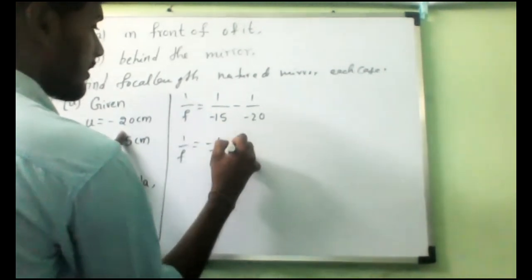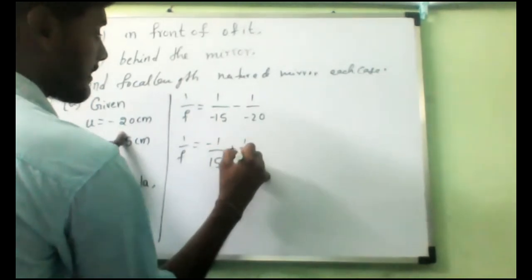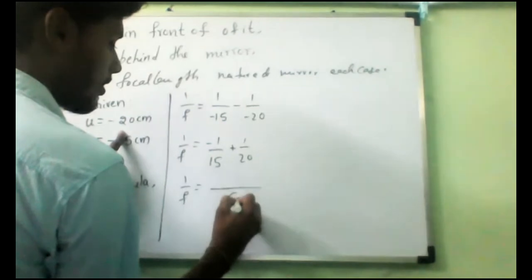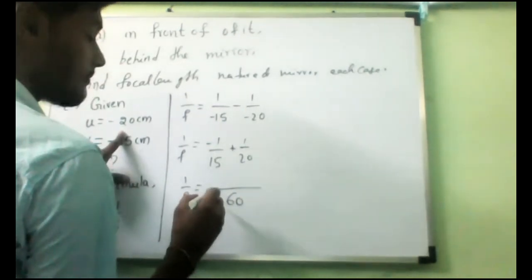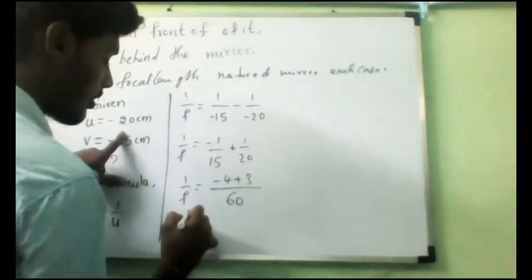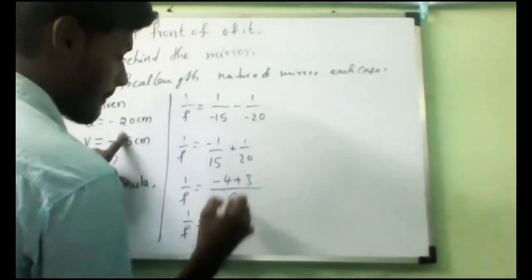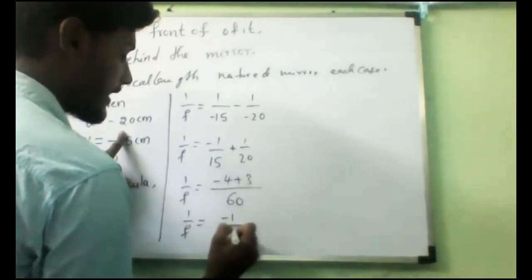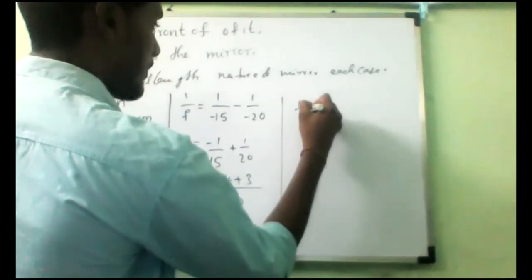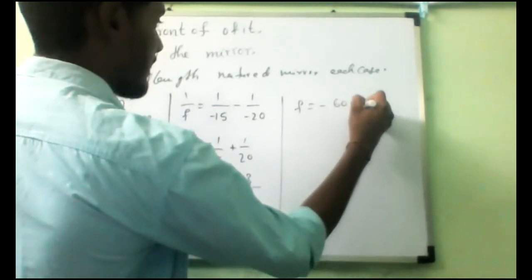Minus 1 by 15 and minus 1 by 20, so 60 is the LCM. Is it yes or no? 60 means minus 4 plus 3. So 1 by F is equal to minus 4 plus 3, how much? Minus 1 divided by 60. So F is equal to minus 60 centimeter.